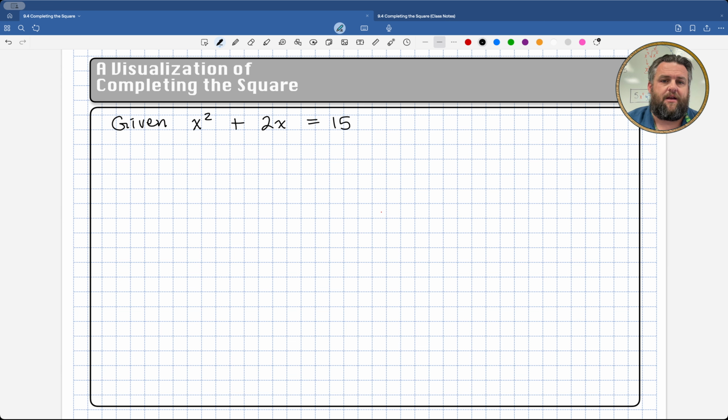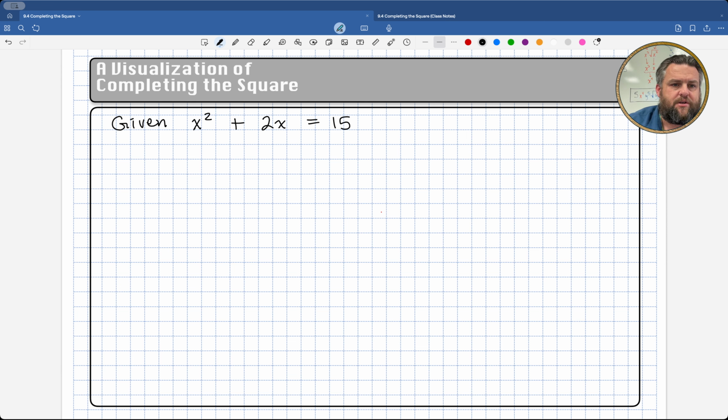It's also a way to help rewrite the equation from standard form into vertex form. From that, we get the vertex of the parabola, as well as the axis of symmetry and the maximum or the minimum.